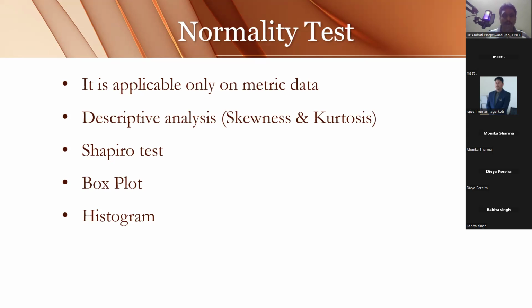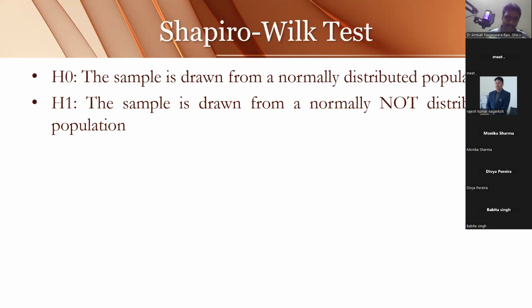Now, how to conduct the normality test? We are going to rely on the Shapiro-Wilk test for the entire workshop, at least from my side. I always prefer the Shapiro-Wilk test as a statistical test to understand whether my data is distributed normally or not. My null hypothesis is that the sample is drawn from a normally distributed population.